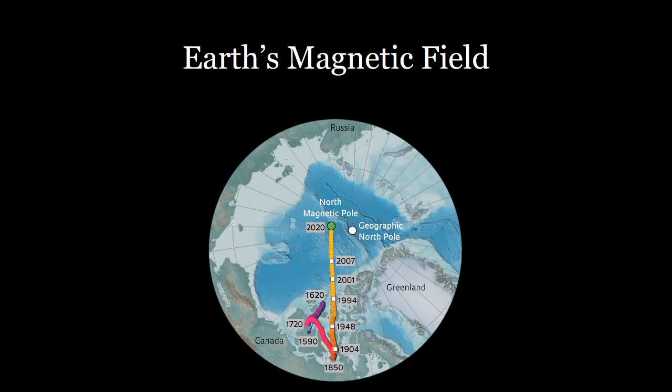And we can see that that movement has been steadily accelerating in the 1600s all the way up into 1850s and the early 1900s. The magnetic North Pole was located in northern Canada and has since been shooting off towards Russia as that magnetic field has been shifting.